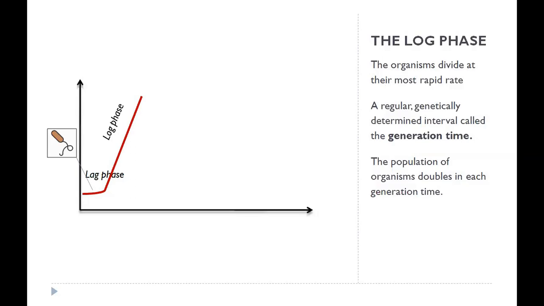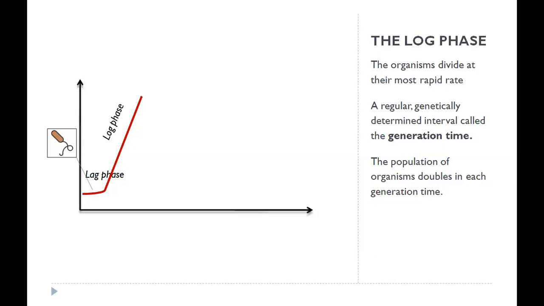That is how the number of cells increases rapidly in log phase, also known as exponential phase. So how is this increase explained? That increase is happening at a regular, genetically determined time interval, and the time interval is called generation time.